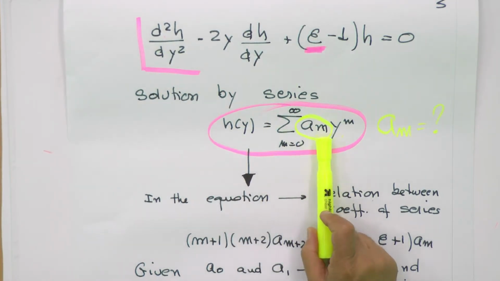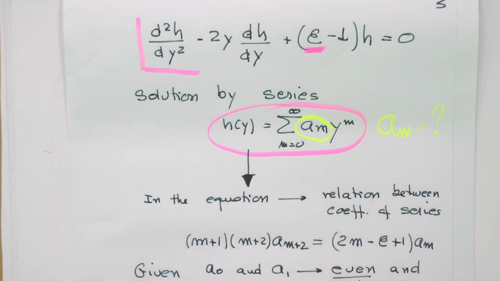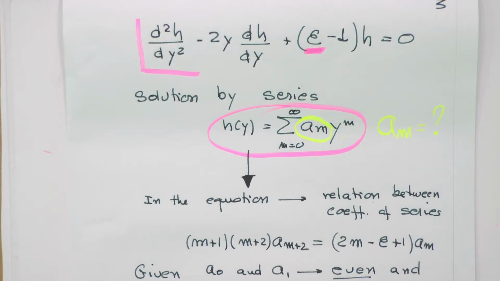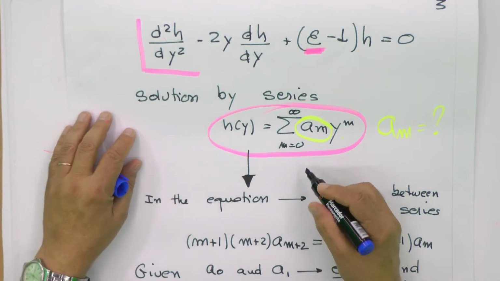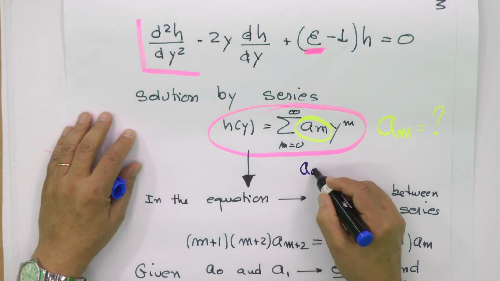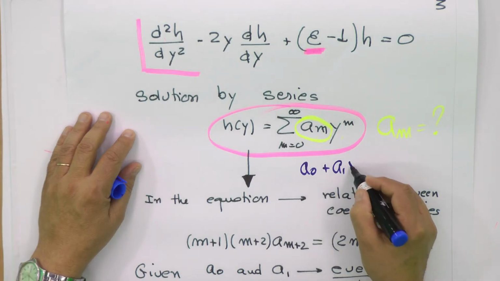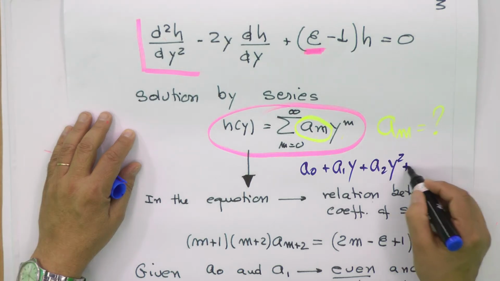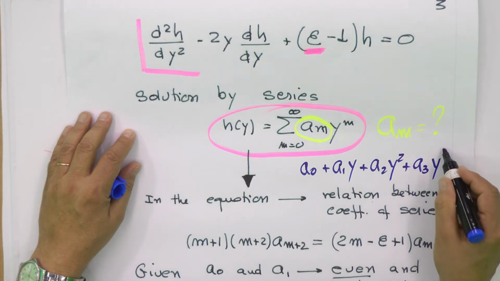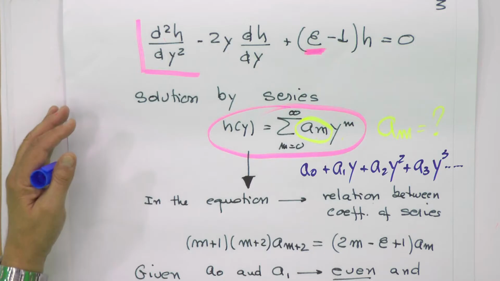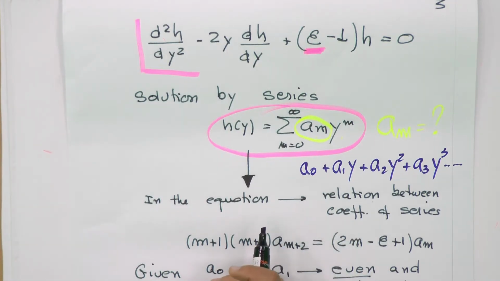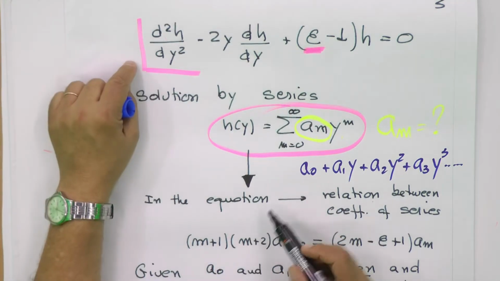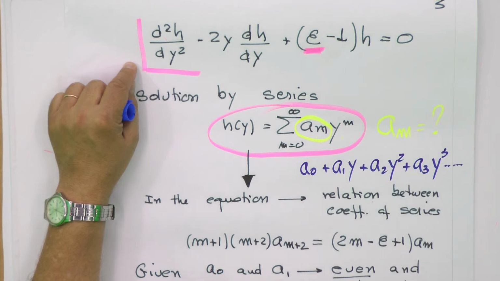When we take one derivative, you should imagine that this is a0 plus a1y plus a2y squared plus a3y cubed and so on. That's a series, right? All the terms are here in principle. When I take the derivative, this term disappears. A0 goes away.